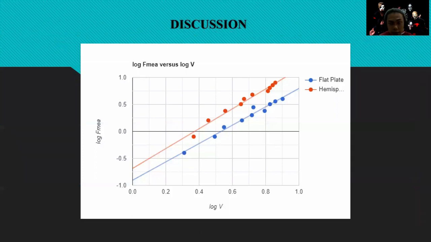As you can see, this is the graph that we get from our table. Flat plate is under hemispherical plate. The blue one is flat plate, the red one is hemispherical plate.